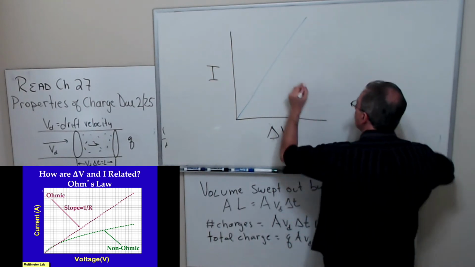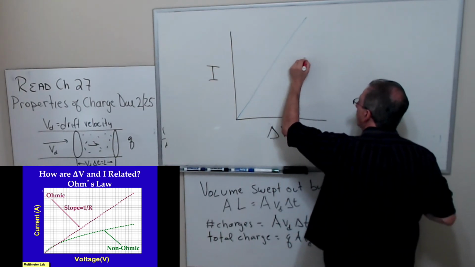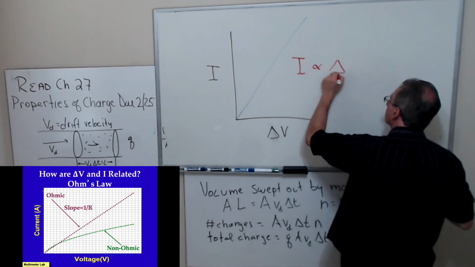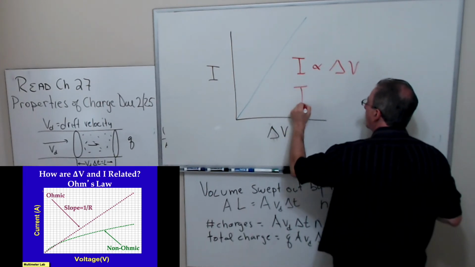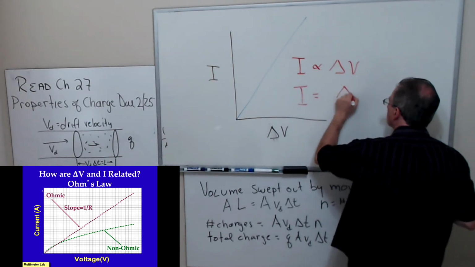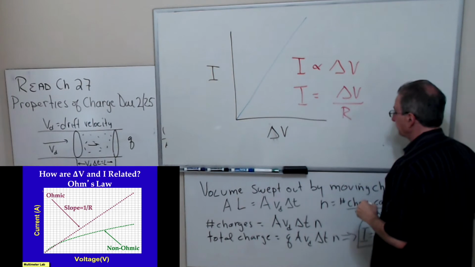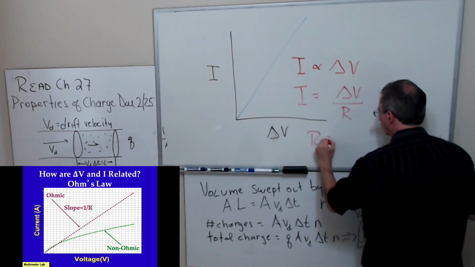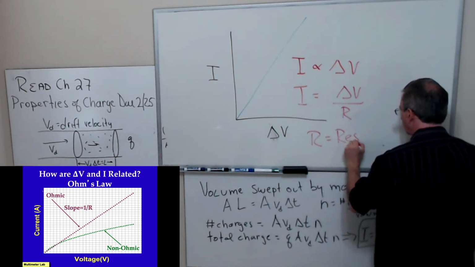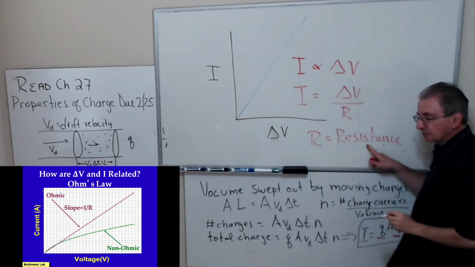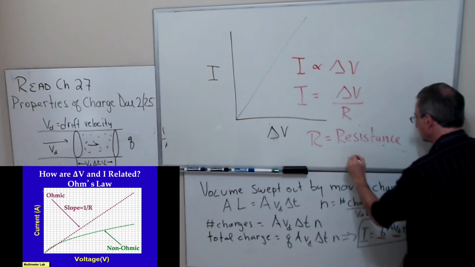And so we can say that I is proportional to delta V. The proportionality constant is called a resistance. This is a measure of opposition.